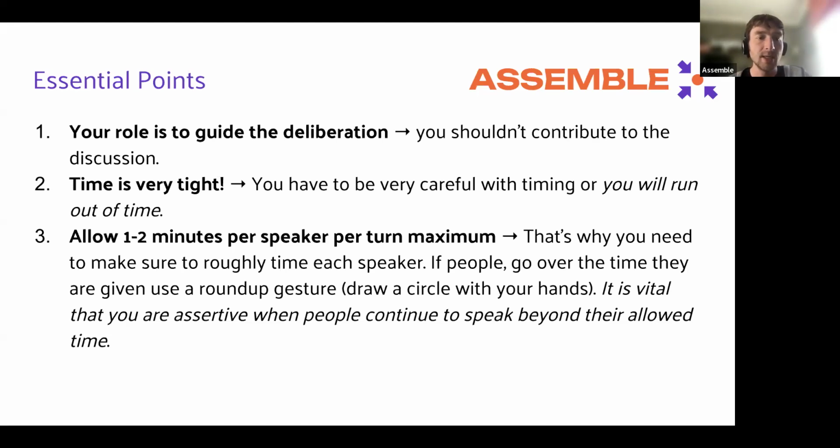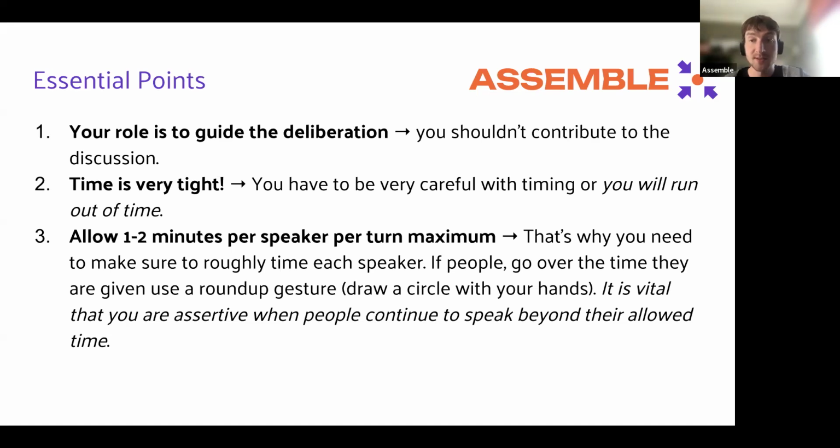Okay, point 3 is to allow each person in your small group to only speak for a certain amount of time. That's why you need to roughly keep in your head, you don't have to look at your stopwatch, that each person can only speak for a certain amount of time.